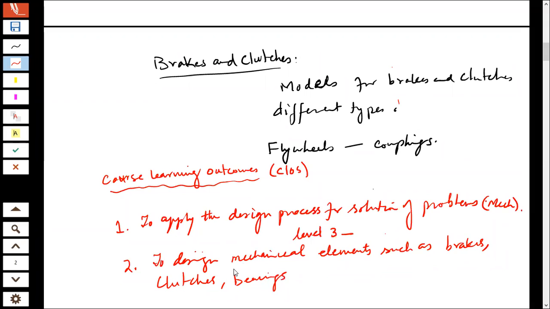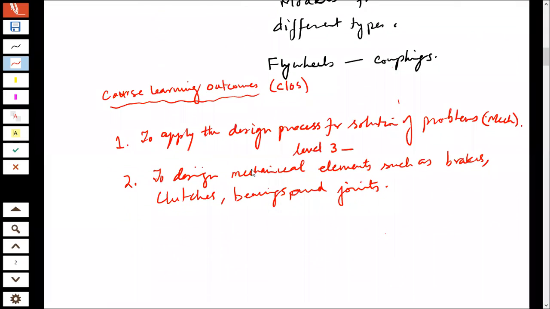It can be design and selection of bearings and joints, mechanical joints. Okay. This CLO is of level 5, and this one is also cognitive.